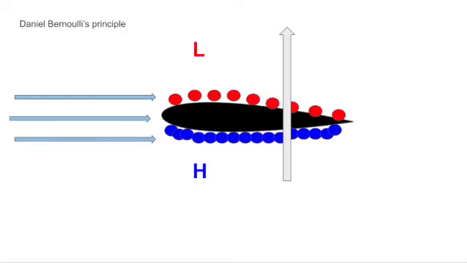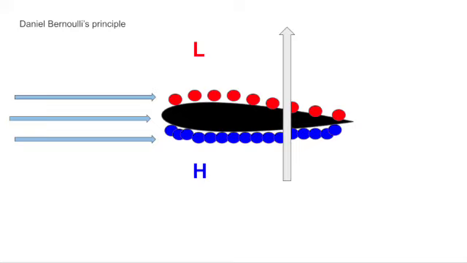The last way to describe lift is based off Daniel Bernoulli's principle. And he was pretty smart. He conducted several experiments that led him to this conclusion. So, Daniel Bernoulli loved the difference between high and low pressure, and he figured out that a faster moving fluid, aka air, has a lower pressure, whereas a slower moving fluid, like air, has a higher pressure.